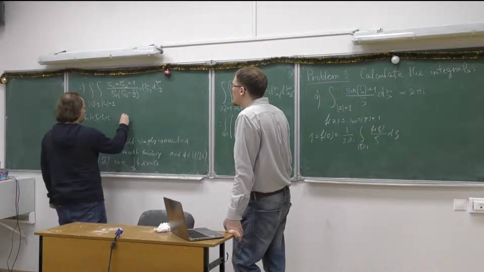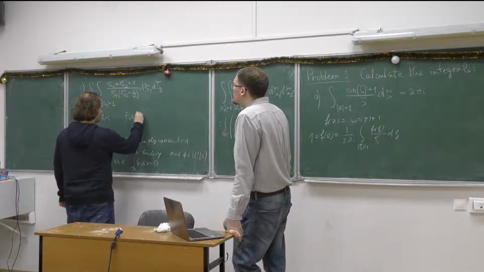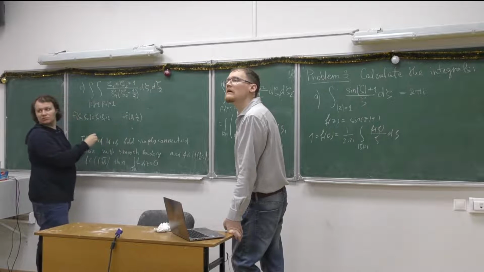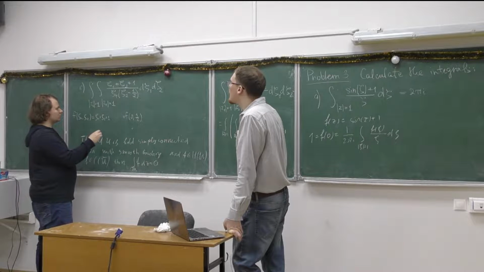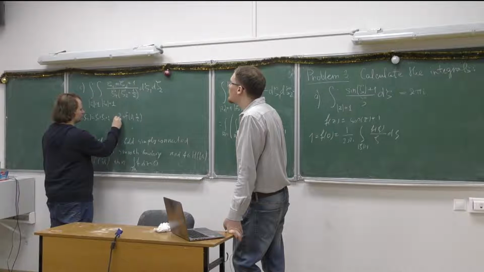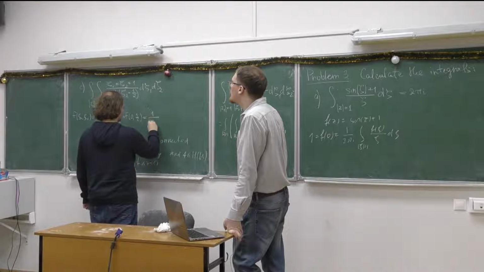And then we have the point 0, 1/2. Is it 3 or 4? 3 over 4. Let us see. What about 2 pi r?